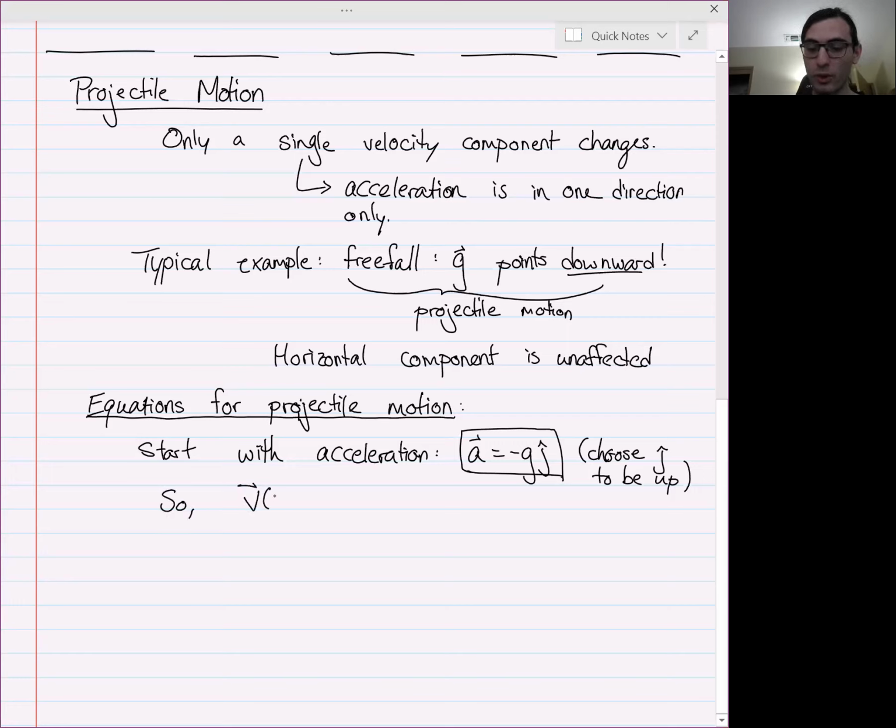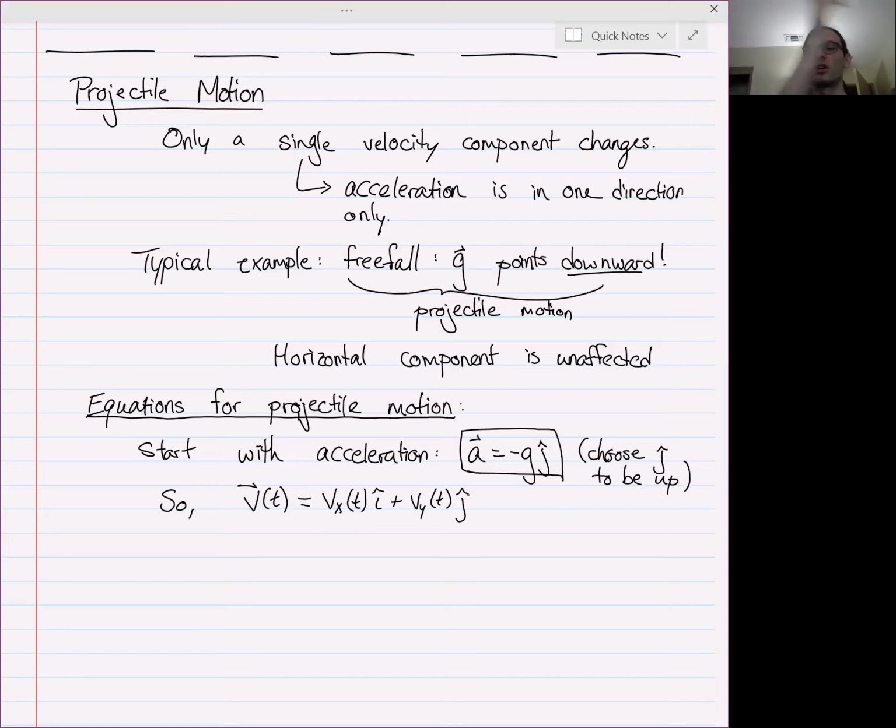We need to figure out what the velocity vector is. The velocity vector can be written in terms of components, which is vx of t in the i hat direction, plus vy of t in the j hat direction. I'm suppressing the third dimension because projectile motion always occurs in a plane. You could always rotate your perspective so that g points downwards and x points in the direction that the thing is being fired.